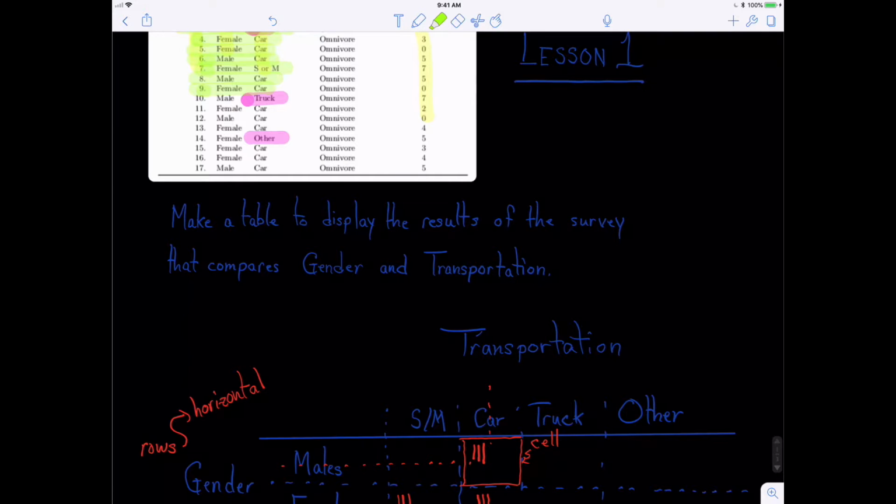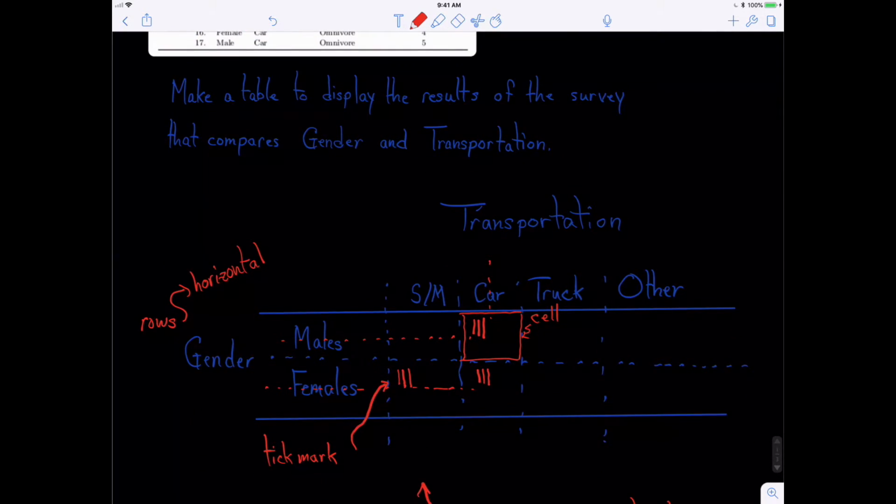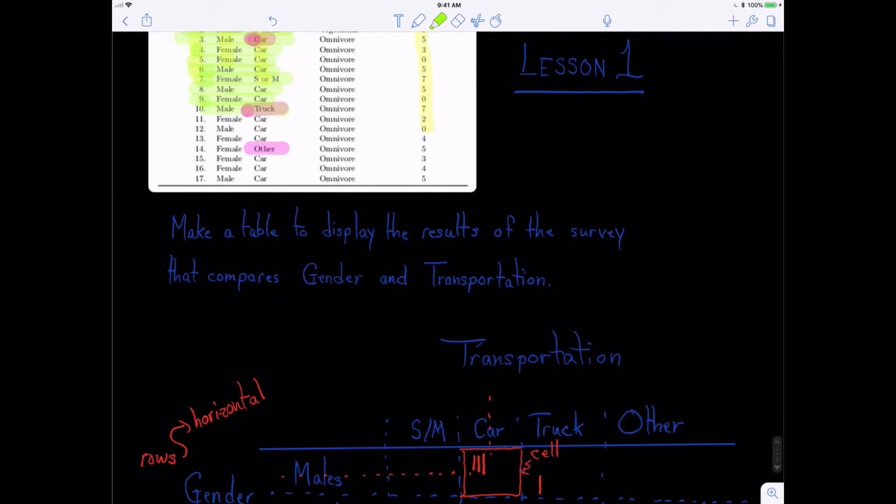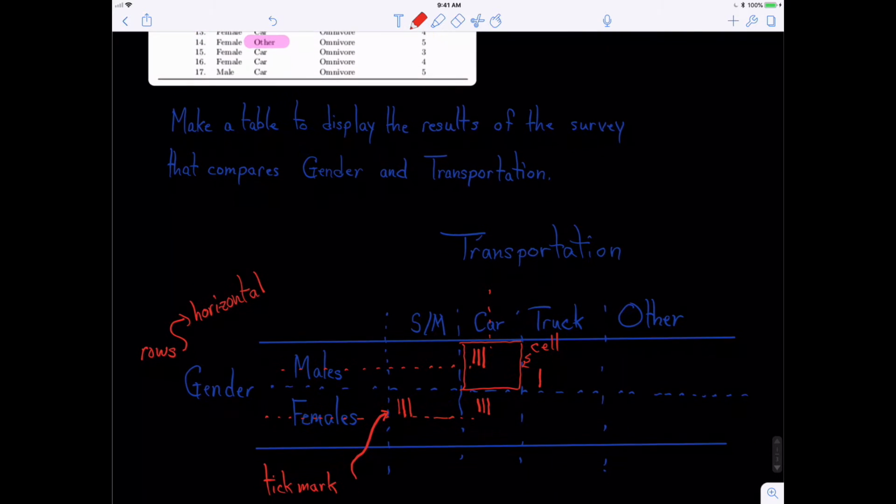And let's see, our next person, oh, here's that lone male that drives a truck. So I'm going to put a tick mark. I'll put it down here just because I was annotating. Let's go back up. Female in a car. Female in a car. It gives me 4 tick marks here.